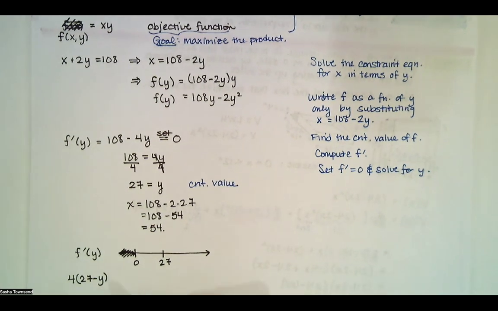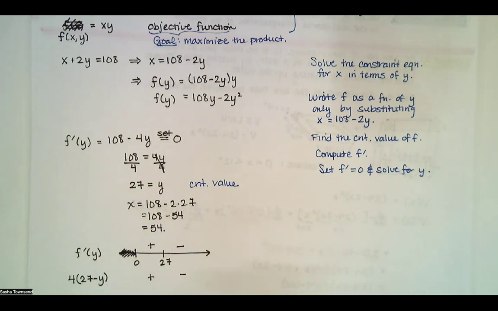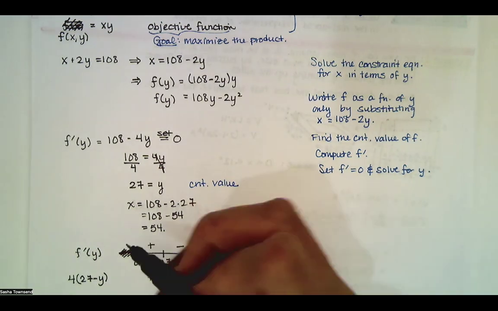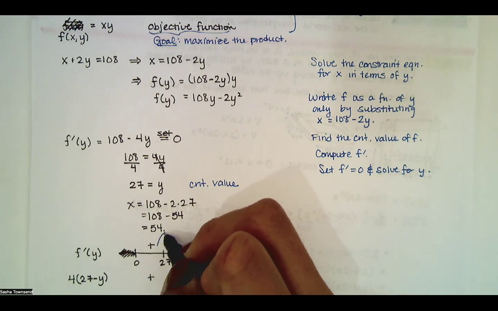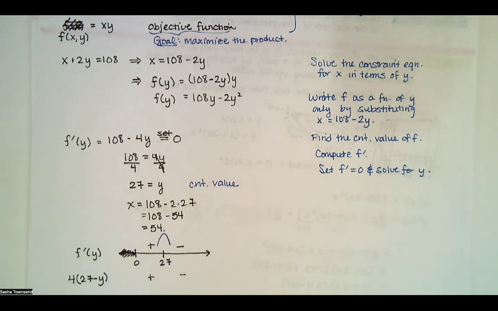A 4 is always positive. When y is greater than 27, 27 minus something larger than 27 is negative. When we have a y value in here, say 25, 27 minus 25 is positive 2, that's positive. So f prime goes from positive to negative. So we're going to have a relative maximum there. The function goes from increasing to having a 0 slope to decreasing.